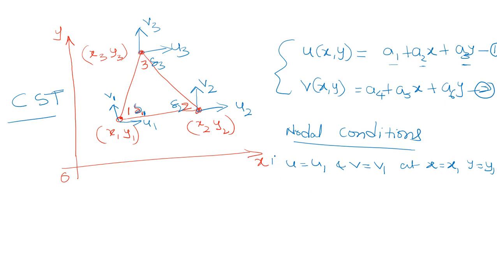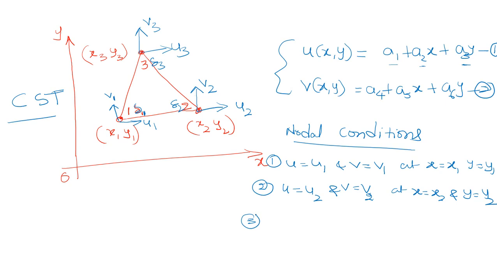Now the second one, at node 2: u is equal to u2 and v is equal to v2, at x equal to x2 and y equal to y2.